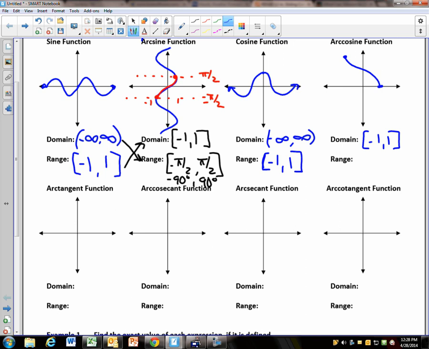It still has a domain of negative 1, positive 1. What do you notice is different about the arc cosine, compared to arc sine? There's no negatives. It's above the x-axis the whole time. In fact, the range goes from 0 up to pi. So that value right there is at pi, and you can see that value is 0. We got 1, we got negative 1. So that means you get degree outputs between 0 and 180 degrees.